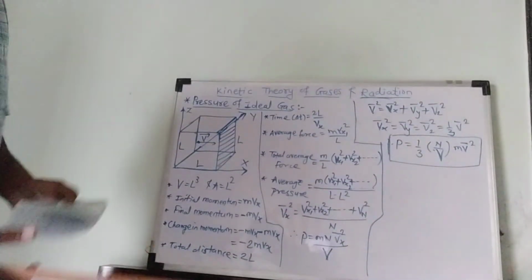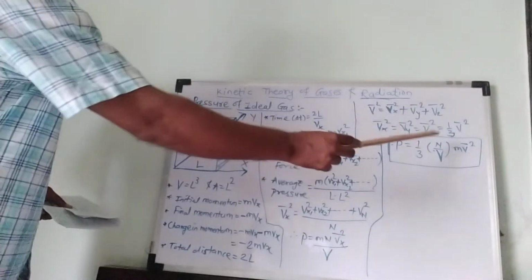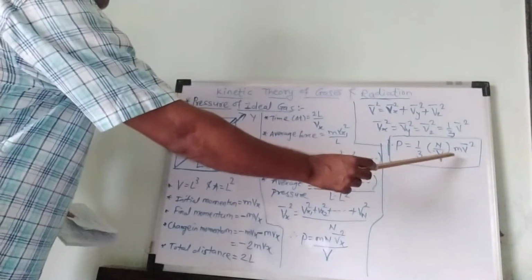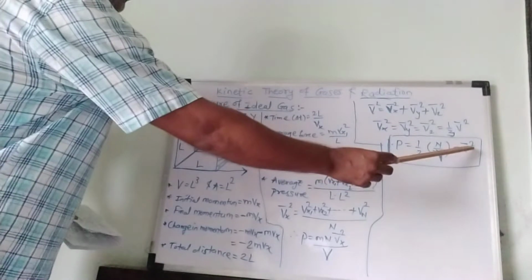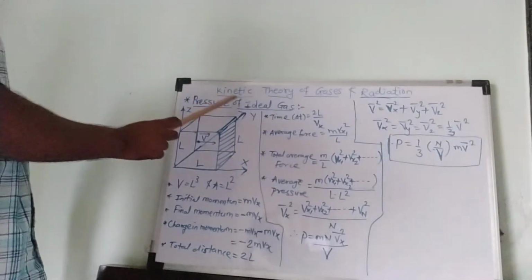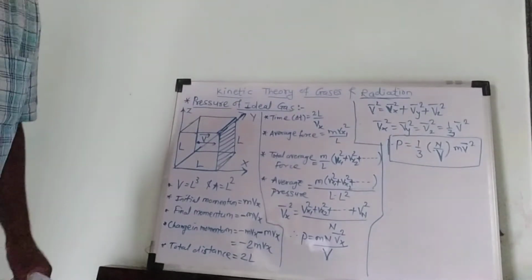Therefore the average pressure P is equal to 1 upon 3 into N upon V, meaning volume, into V bar squared. This is the pressure of an ideal gas equation.